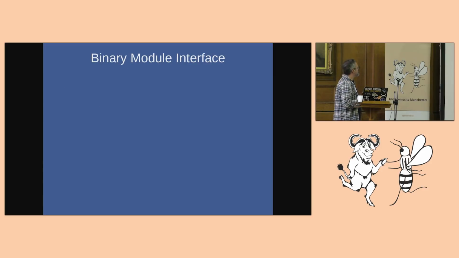Okay, so binary module interface. This is the thing that gets emitted by the compiler when it's compiling a module interface unit, and gets read in by the compiler that's processing an import statement. The whole reason you want to do it this way is that you do not have to reparse all the module interface units when you import them. With #include, you have to reparse all the include stuff every time you #include it.